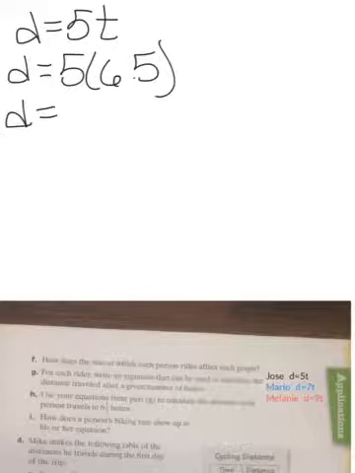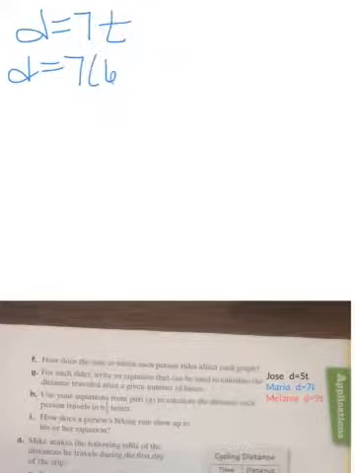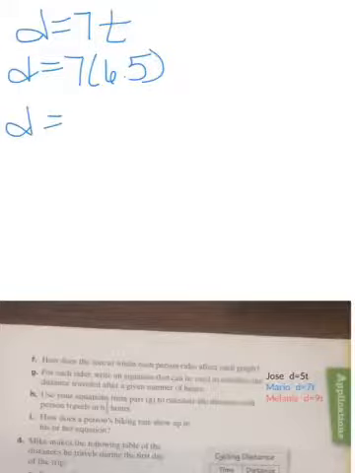Solve that out, and we get 32.5 miles. For Mario, his equation is D equals 7T. Substitute 6.5 in for T. And we get distance equals 45.5 miles.